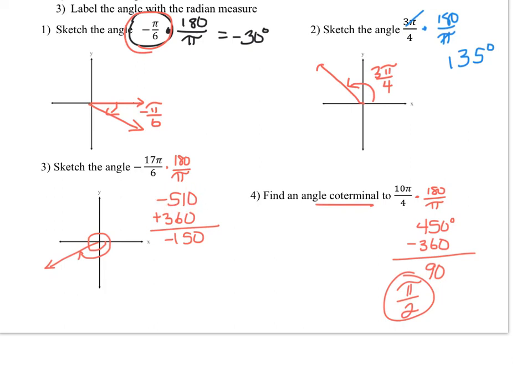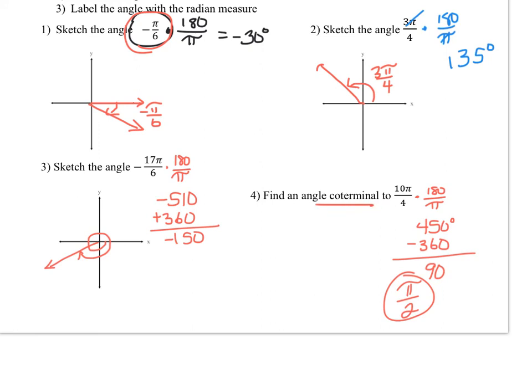In order to see where it lies, I like to make it between 0 and 360, or negative 360. So I added 360 to it to find out where it would lie. And remember, negative 150 starts here and goes down. So this would be negative 150. But since it's 510, I have to do the whole swirly around thing and come back.